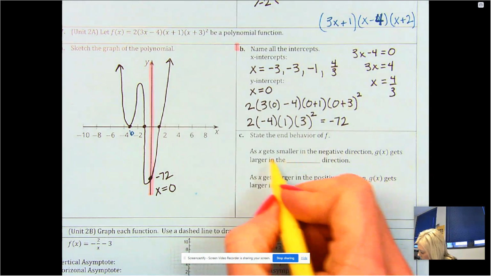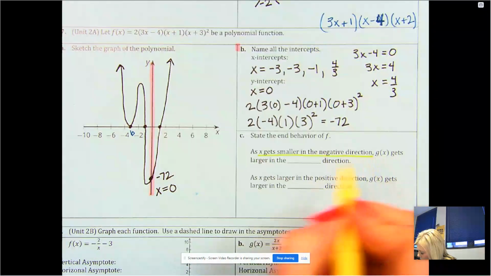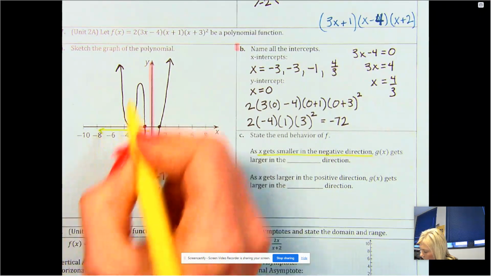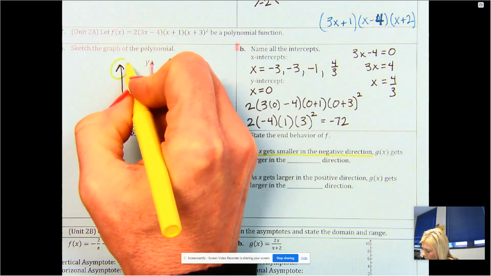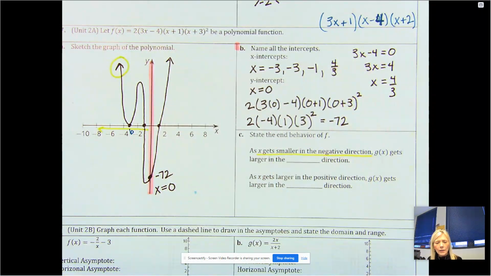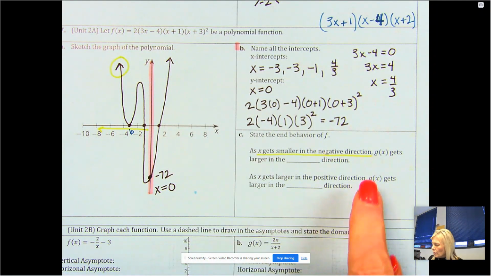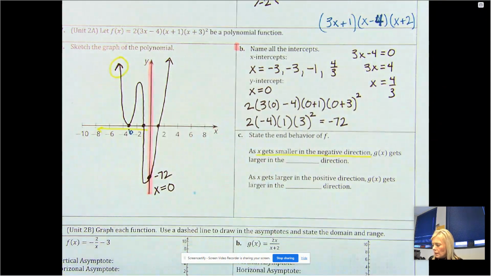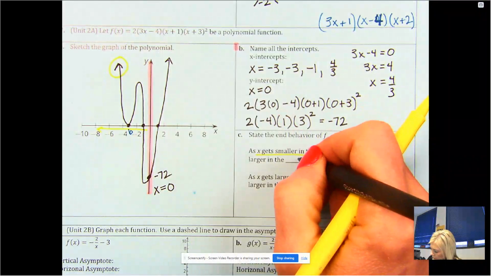the first statement says as x gets smaller in the negative direction, so starting at 0, that way, it's asking me to state is that arrow headed into the positive or negative direction? So g of x gets larger in the positive direction because the arrow is headed up.